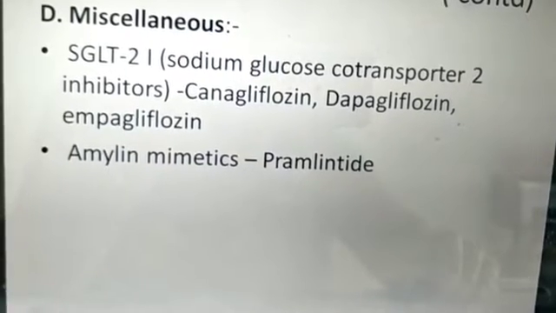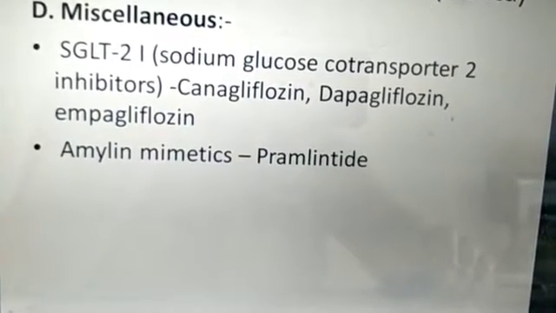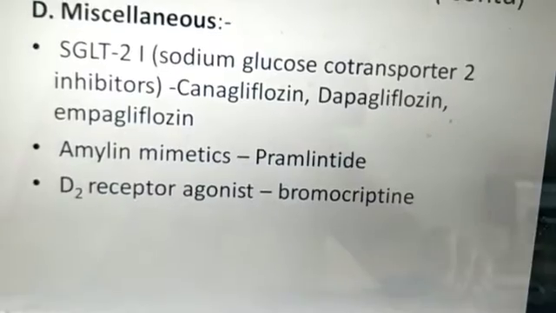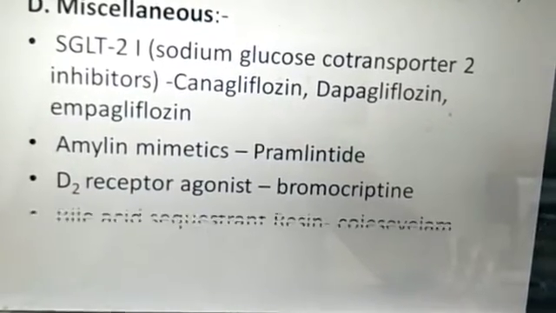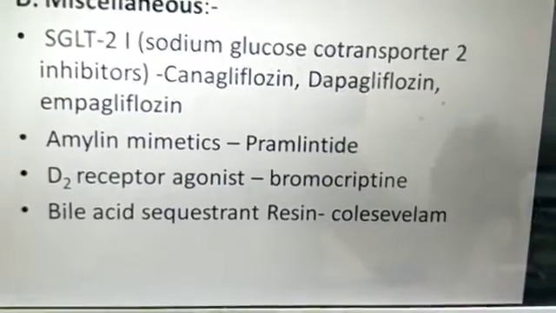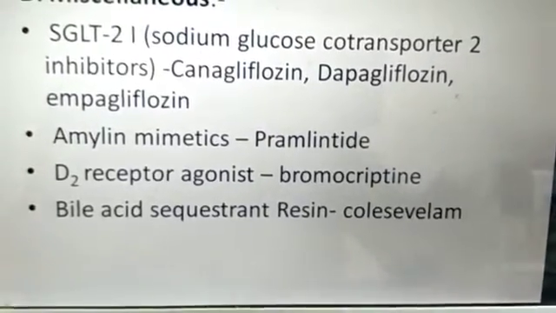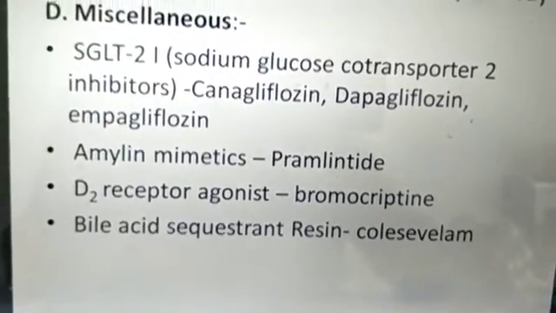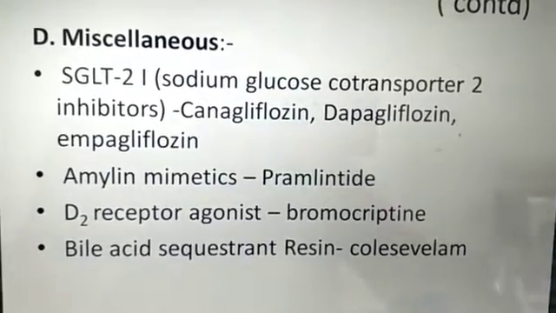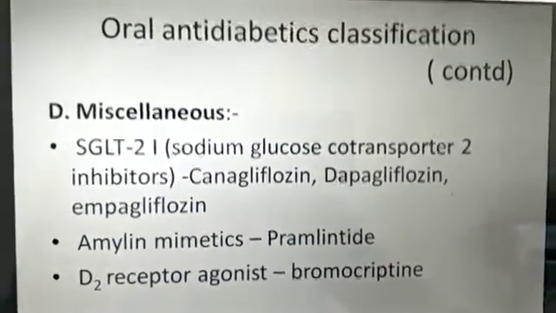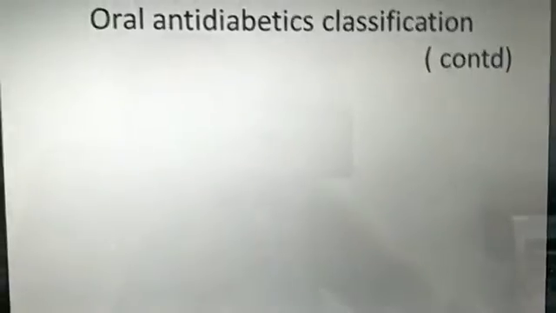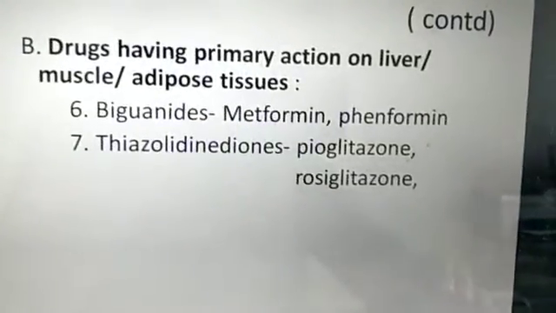We have the amylin mimetic drug pramlintide, the D2 receptor agonist bromocriptine, you are familiar. There are bile acid sequestrant resins, colesevelam. So these are miscellaneous drugs we will discuss briefly, but you need to know these.